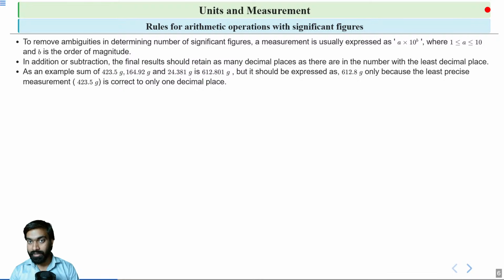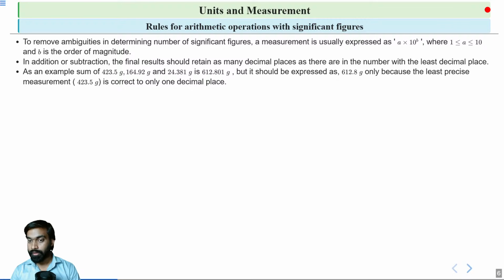First, let's count the decimal places. 423.5 g has one decimal place, 164.92 g has two decimal places, and 24.381 g has three decimal places. So the fewest decimal places are in 423.5 g, only one.